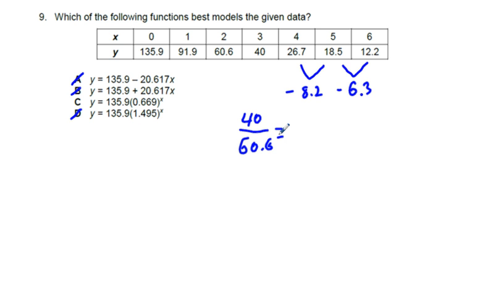So 40 divided by 60.6, we get 0.66. It's going to be answer choice C.